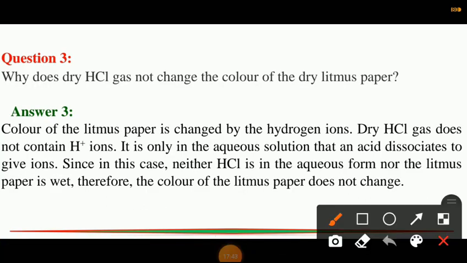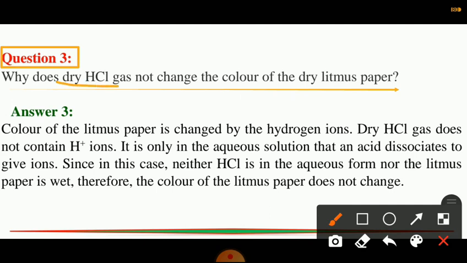Question number 3 is, why does dry HCl gas not change the color of the dry litmus paper? Here we should notice that the gas is dry HCl gas, and the litmus paper is also dry. Both are dry, meaning the absence of water.